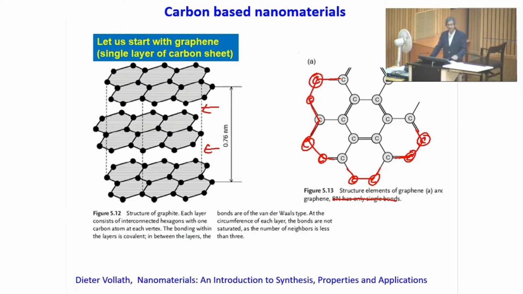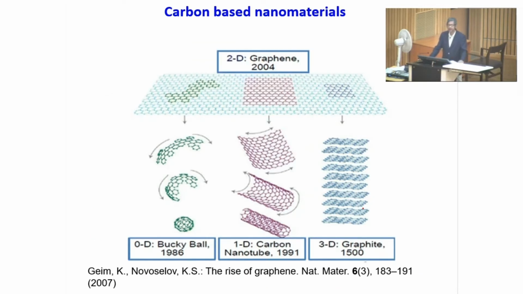You can use this sheet of graphene to produce different kinds of nanostructures. You can wrap it around a ball and create a zero-dimensional nanostructure like the buckyball, which came in 1986, and you can wrap it around a cylinder to produce nanotubes. If you wrap several cylinders, you get multiple nanotubes, or you can cut off each of the sheets and produce 2D materials like graphene.